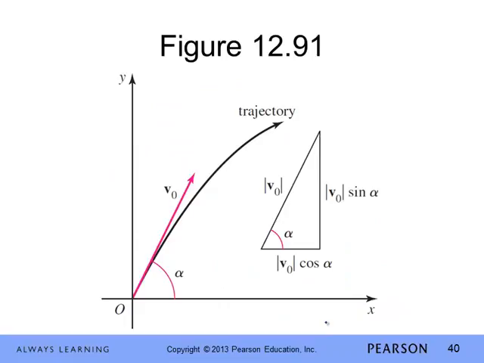All right, so this kind of shows us the components that we're talking about. Alpha was that angle of inclination, the v sub 0 was that velocity vector, the magnitude of which was the initial speed. So you saw that we had decomposed that initial speed into horizontal and vertical components by multiplying by cosine of alpha and sine of alpha, respectively.